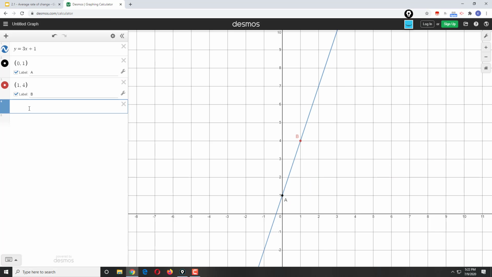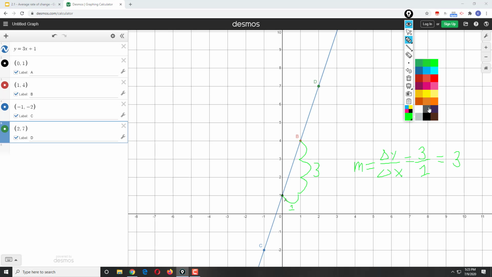This time, let's try the point -1, -2, which is also on the line. I'm going to call this point C. And let's try the point 2, 7, which is D.